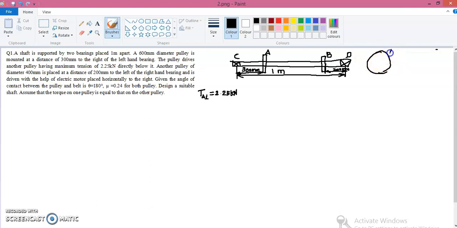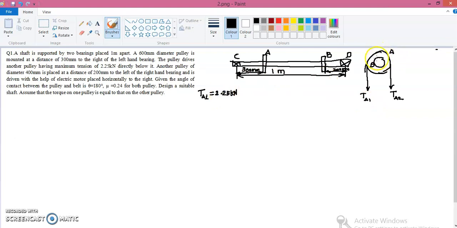This is pulley A. And another pulley, a smaller circle, and this is B. Now we know that in the pulley A, the power transmission is in the downward direction, so I can represent this tension acting on this pulley and mark it as TA1 and TA2. That is the tension on the tight side and the slack side of the pulley. And in this, TA1 is given as 2.25 kilonewton.